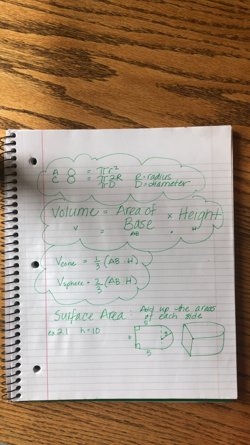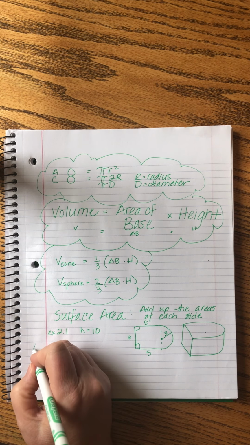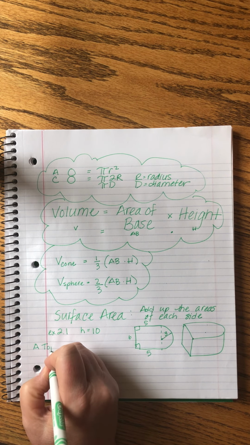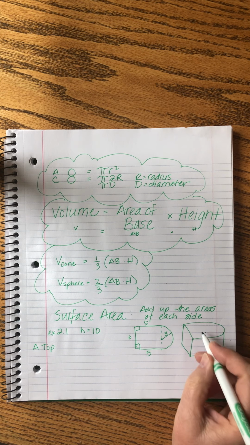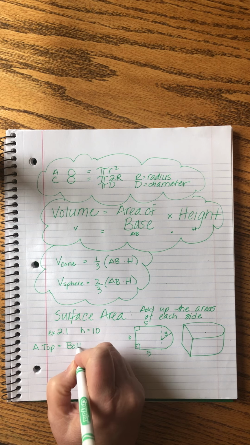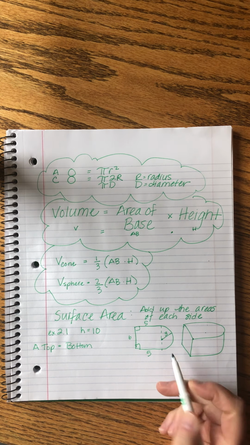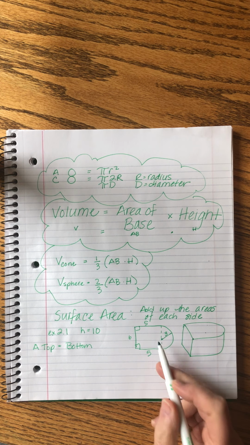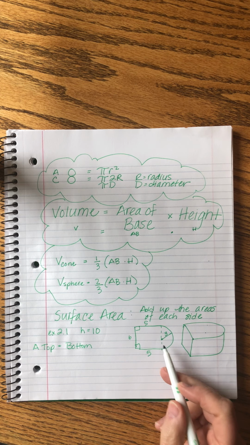Okay, so what we have to do is we have to find the area of the top, the bottom, and then this sideways thing. Okay, so the area of the top and the bottom, you would agree, are the same. It's the same on the top and bottom. So how do we find the area of this? We break it up into the different components, right?